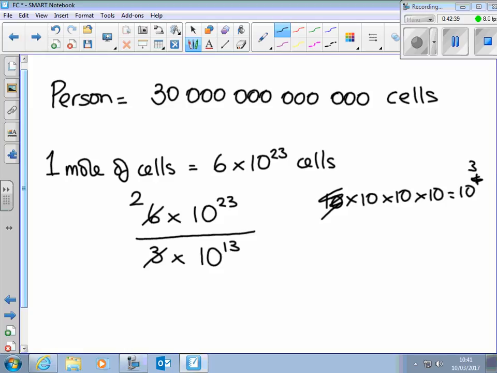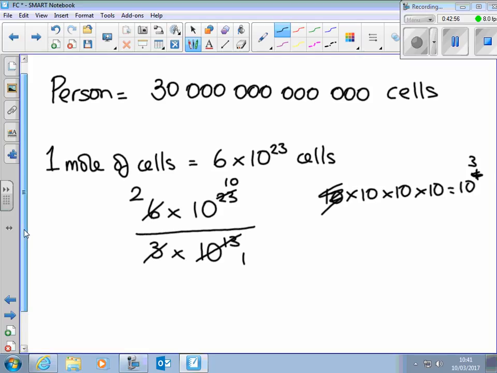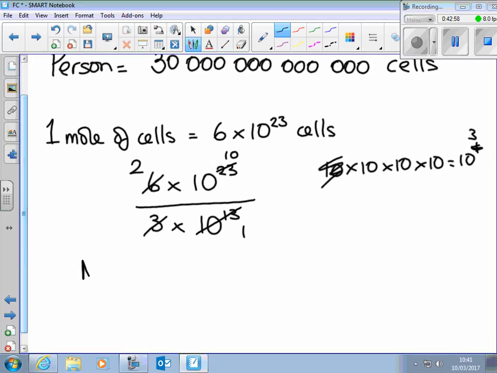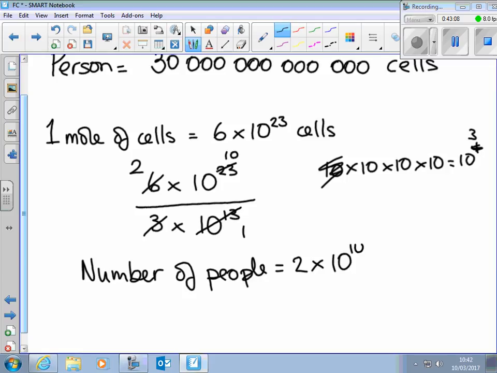So if we divide the top and the bottom by 10 to the 13, we are left with 10 to the power 10, 2 lots. So the number of people is 2 times 10 to the power 10.